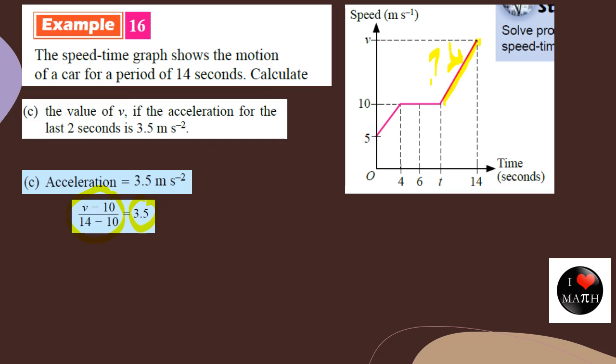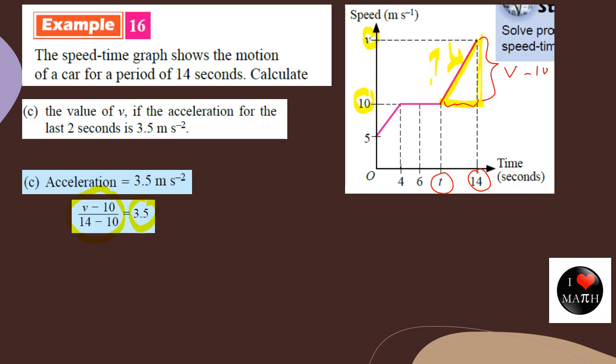So how do you find the gradient? It is v minus 10, and then for this one it is 14 minus your t just now, which is 10.